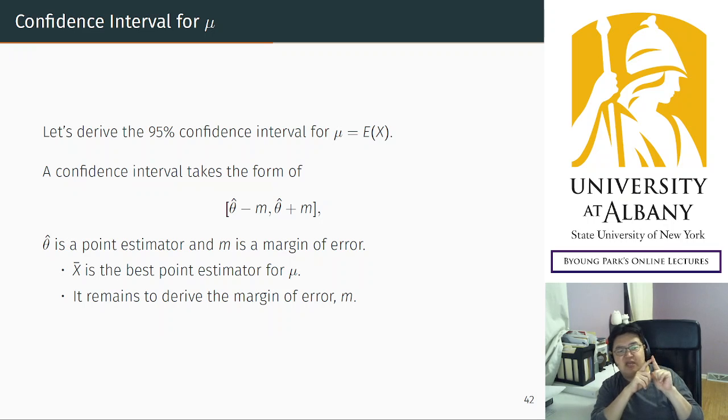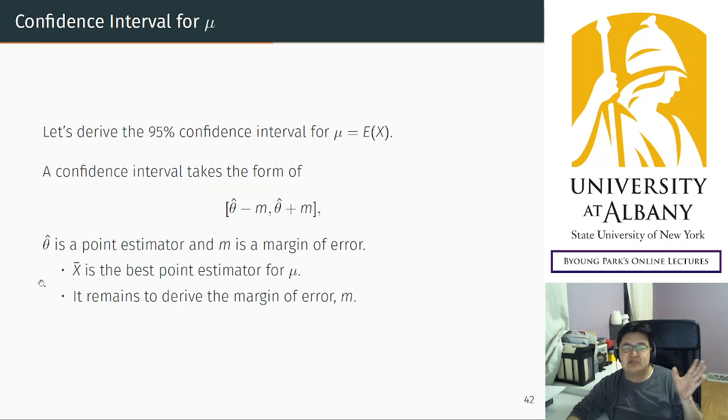The next one is the point estimator. The point estimator is a totally different issue, because you have to think about unbiasedness and efficiency. The reason I fixed the parameter to be the population mean is because its point estimator is known. The best point estimator is known to be the sample average.